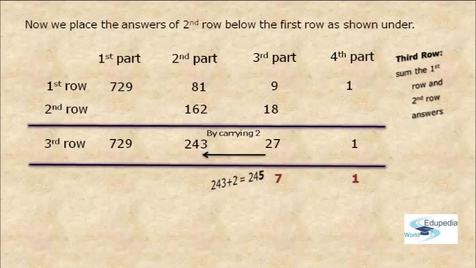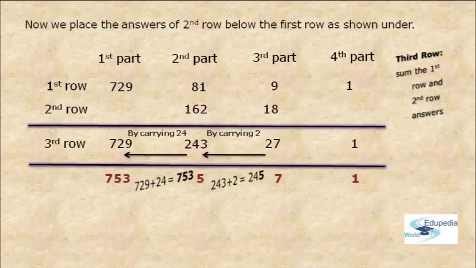But 245 is a 3-digit number, and according to our rules we should have only one digit, so we take the digit in ones place, that is 5, and write it in the answer like this. The remaining number 24 is taken as carry on to the next part, that is the first part. Now by adding 729 with the carry on 24, we will get 753 as the answer. Since there are no more parts to carry on, we write the answer 753 as it is.